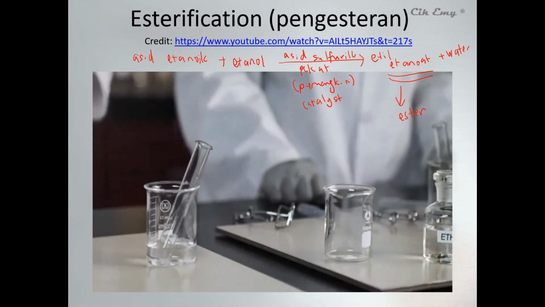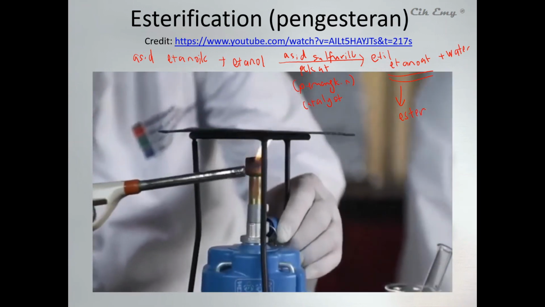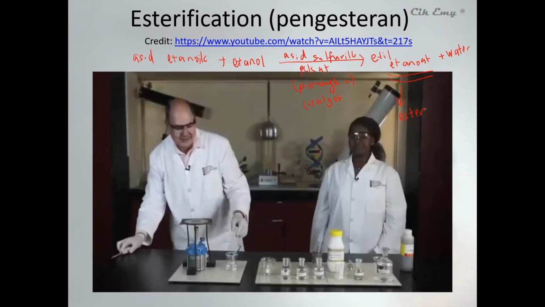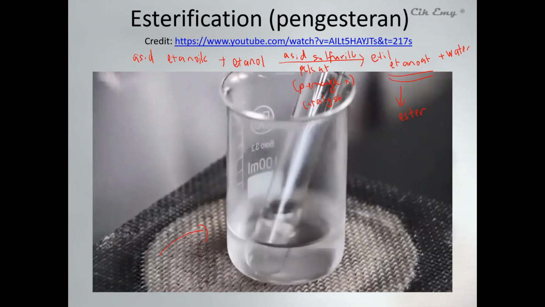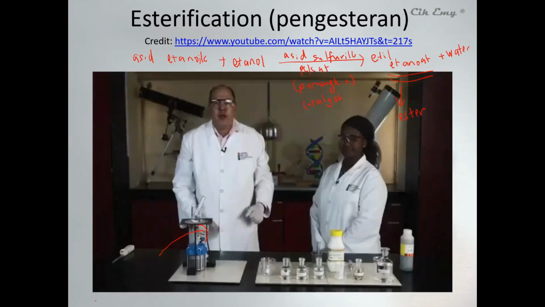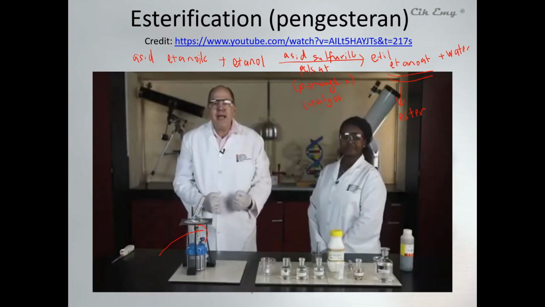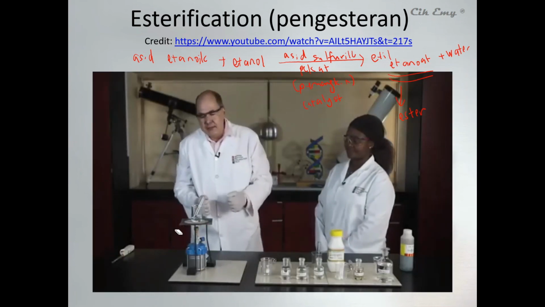It's time to light the Bunsen burner and get the heat going. Now we put the beaker on the gauze mat and we heat the water until it boils.